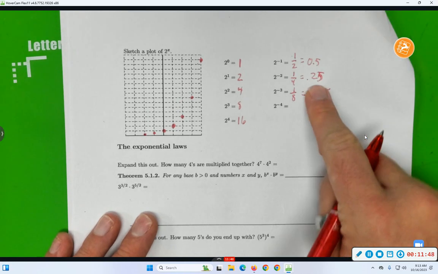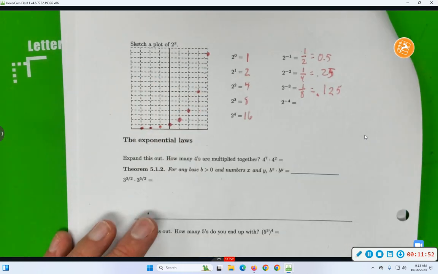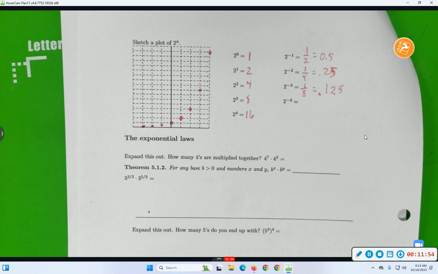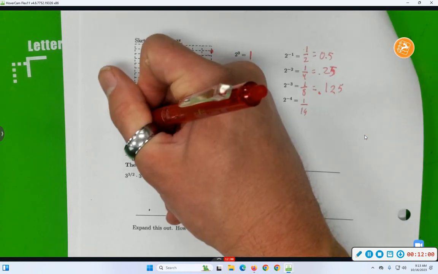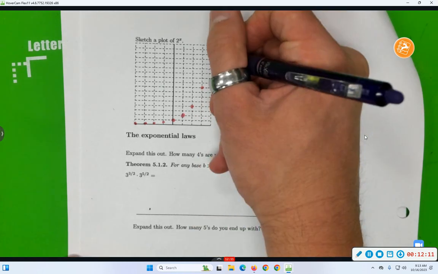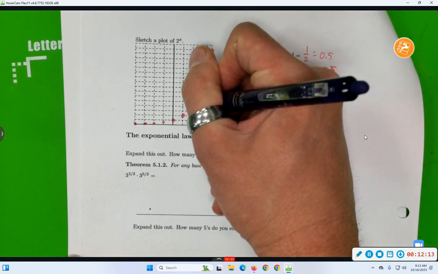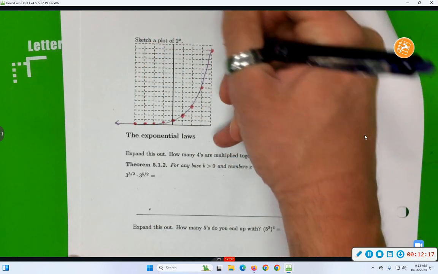Yeah, divide that by 2, you get that. 2 to the negative 4. 1 over 16. And I think we're getting to the point where I can't distinguish between those numbers and 0. So let's just interpolate between. 2 to the x. Its graph looks something like this.